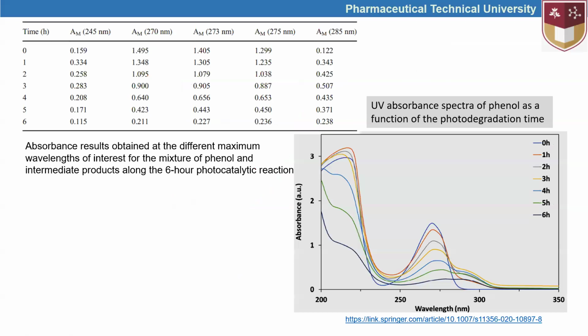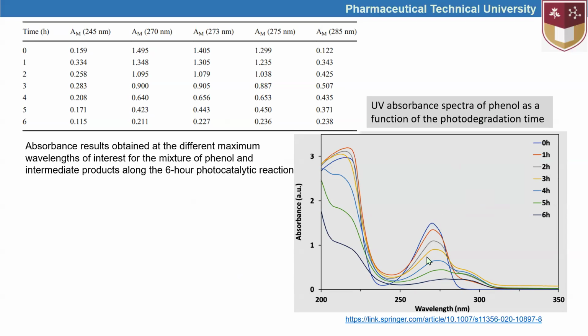Okay, next. This is about UV absorbance spectra of phenol as a function of photodegradation. Photodegradation of phenol was studied as shown in this case. I'd like you to pay attention to the peak of this blue line at the zero point of phenol.